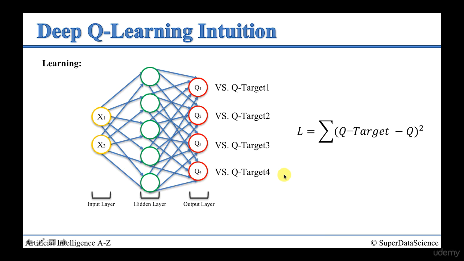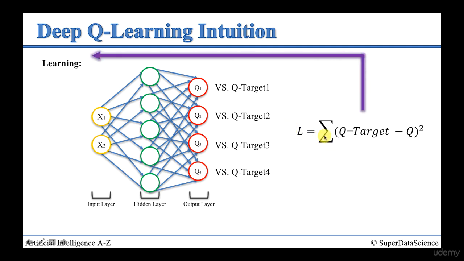Now this is the part where we leverage the real power of neural networks. We're going to take this loss and use backpropagation, or stochastic gradient descent, to pass it back through the network and update the weights of these synapses, so that next time we go through this network, the weights are already a bit more descriptive of the environment.